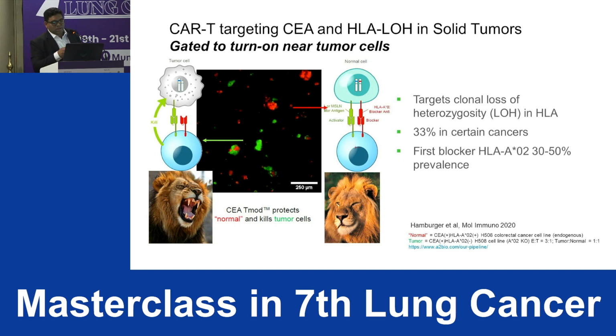So what was done, this was the design of the CEA CAR, you added HLA-A, that targets the clonal heterozygosity of the tumor. So now the CAR can get activated only when it is on target, in which you have put a marker which is more specific for the cancer cells. Now the issue is, this blocker is expressed in 30 to 50% of the patients.